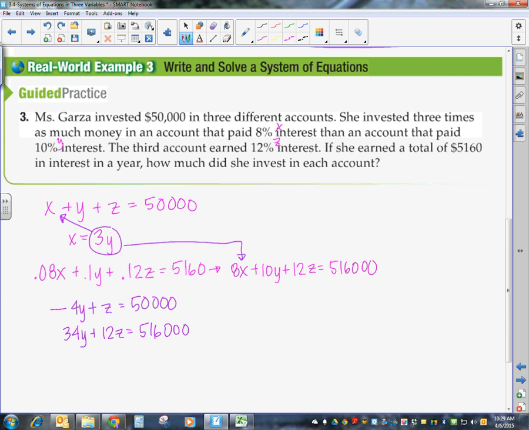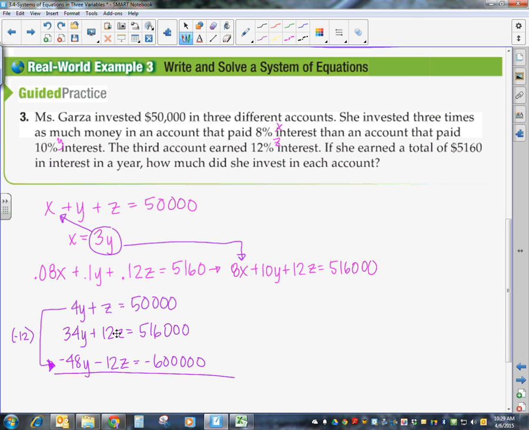So I have two equations, two unknowns. I'm going to take this top one and I'm going to multiply it. A really bad looking arrow, but that's what that's supposed to be. I'm going to multiply it by negative 12, so my z's will fall out. So that gives me negative 48y minus 12z equals negative 600,000.